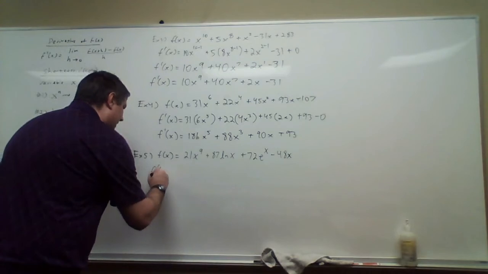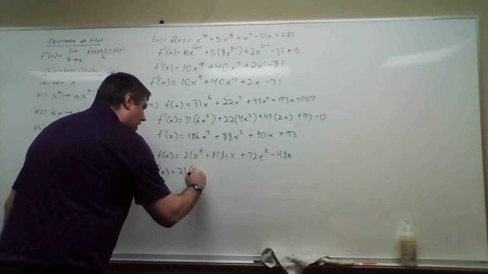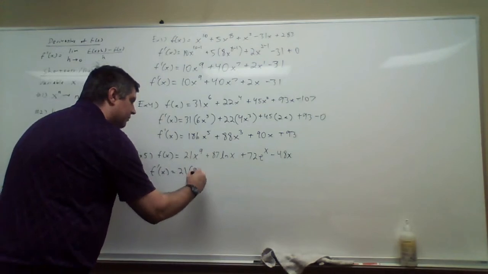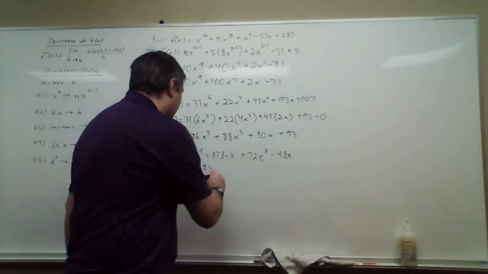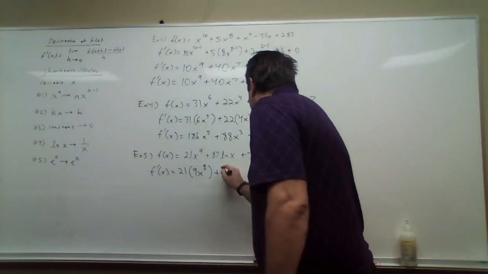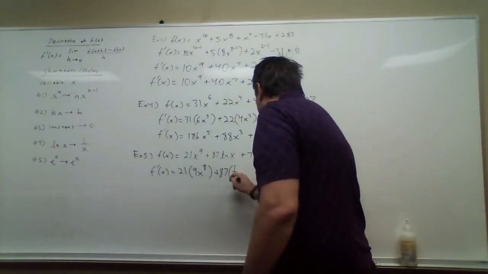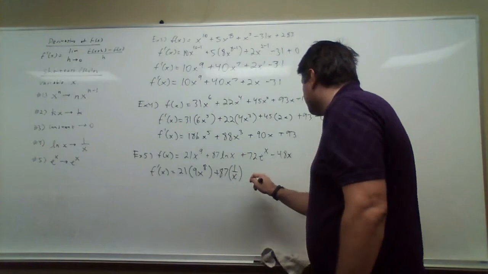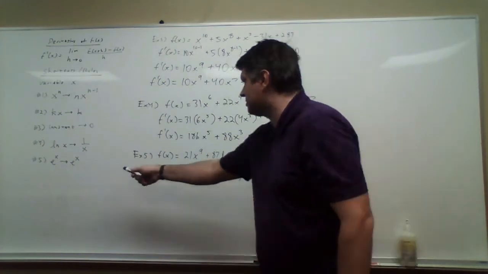So f prime of x will be 21. You'll move the 9 out the front, and you'll go down a power to 8, plus 87, and the derivative of the natural log of x is 1 over x. The derivative of 72 e to the x is just 72 e to the x.